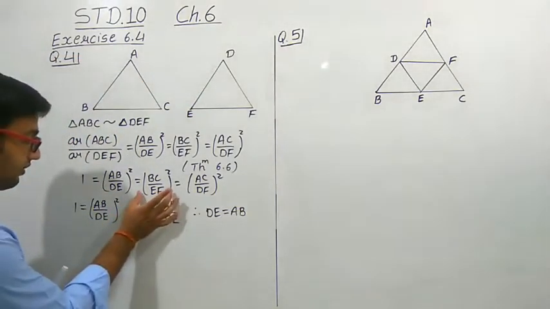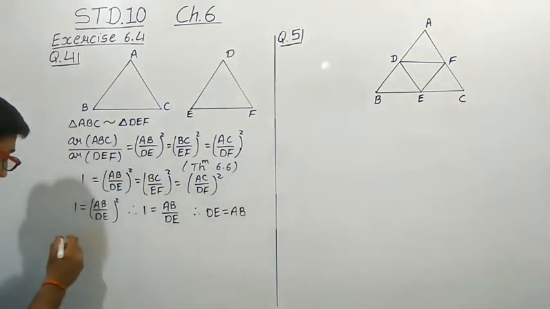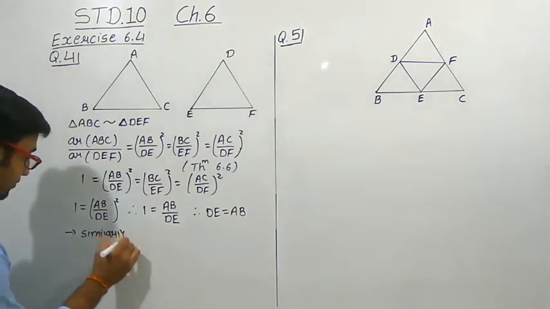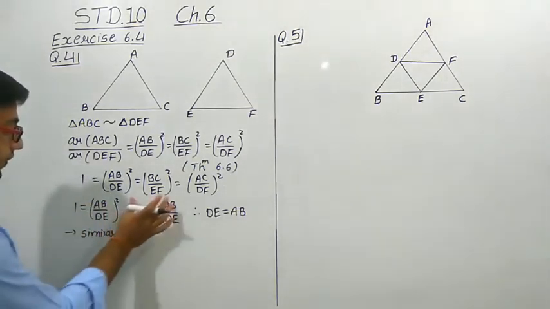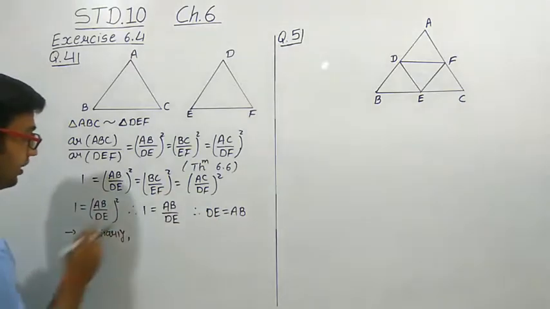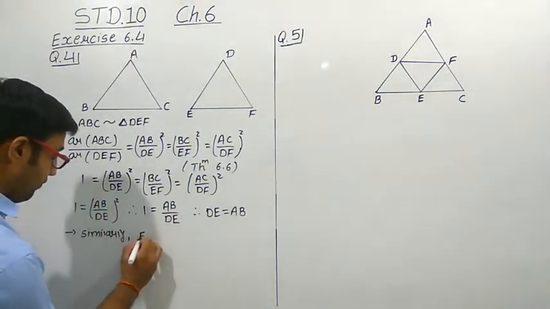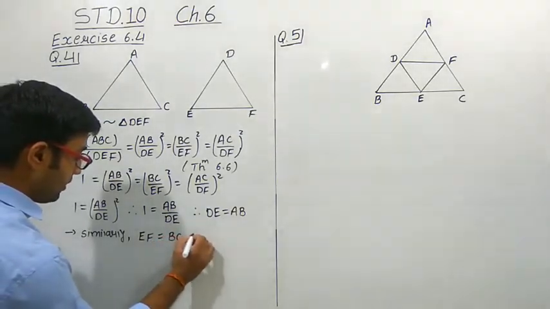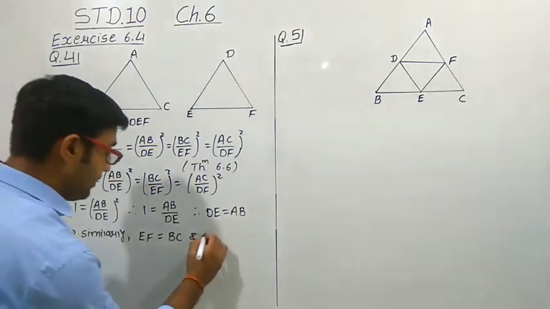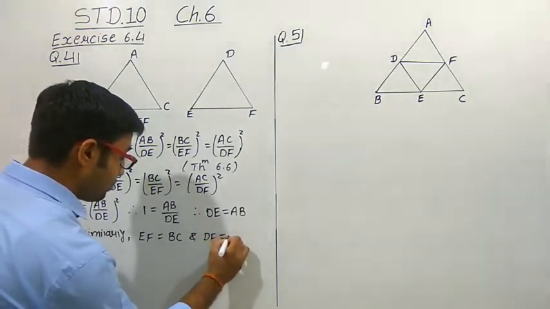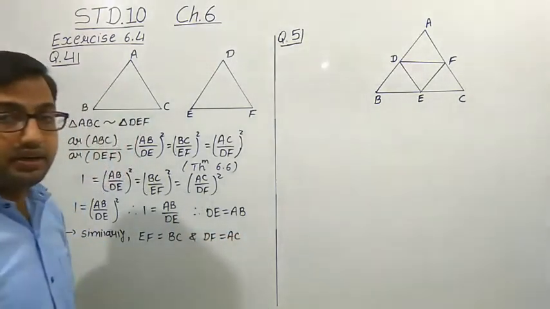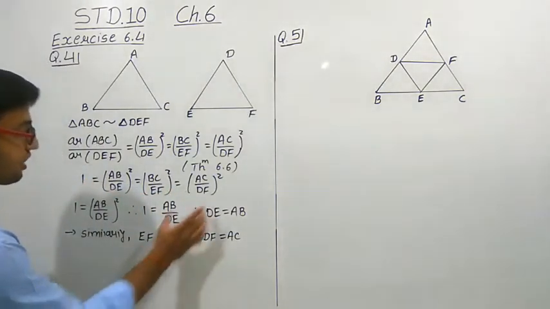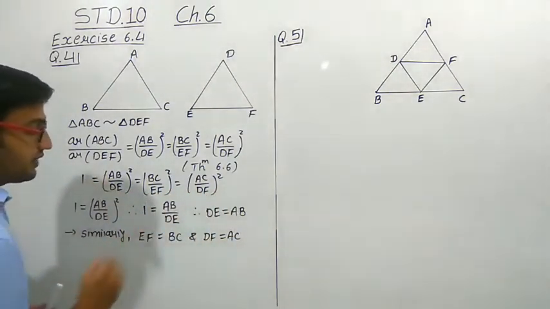So similarly, when we compare this with 1, in this way we will get EF is equal to BC, and we get DF is equal to AC. Right? When we compare one by one these ratios with 1, we get EF equal to BC. When we compare this with 1, we get DF is equal to AC.